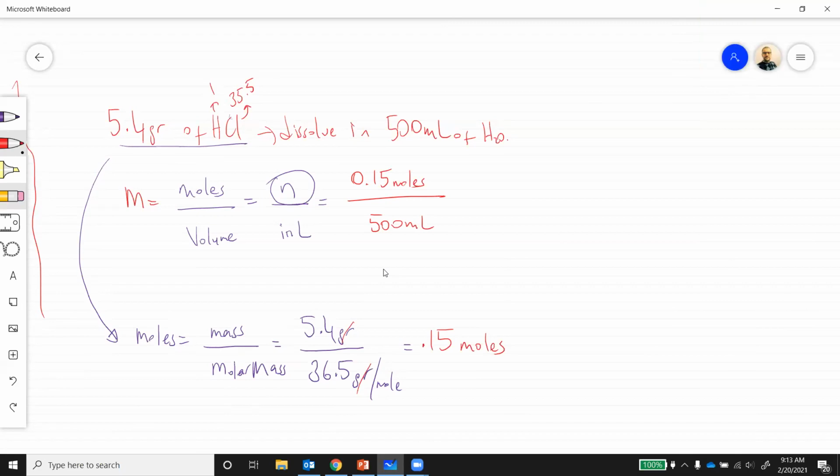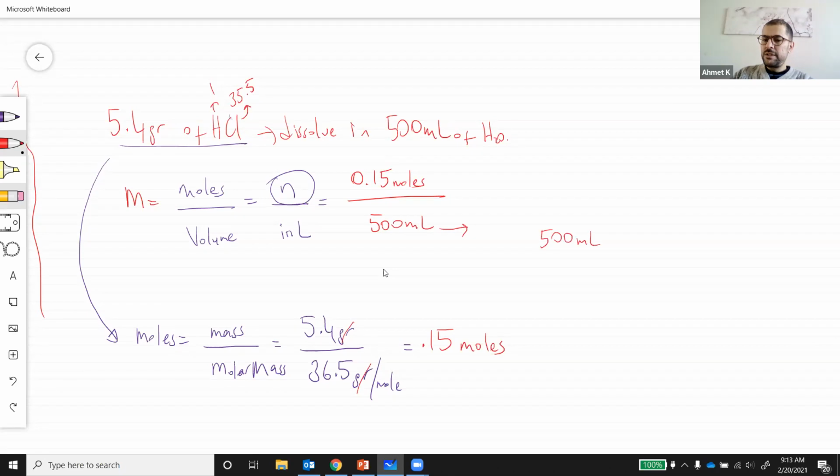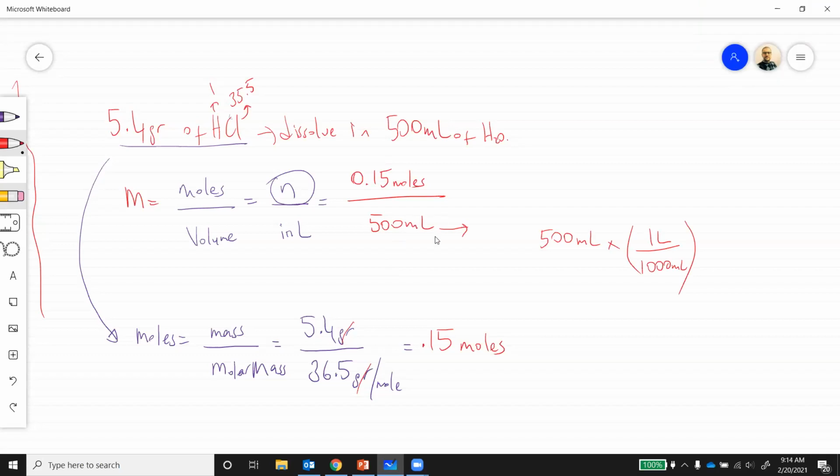So therefore, you need to convert this. So how can I convert this to liters? Then you're just gonna do your conversion factor, milliliters, times, you know that if you have 1 liter, it's gonna be 1000 milliliter, right?